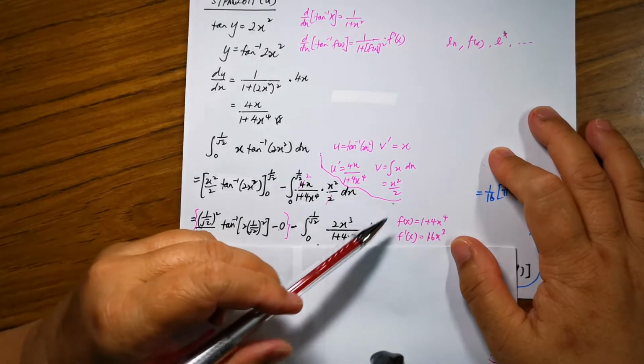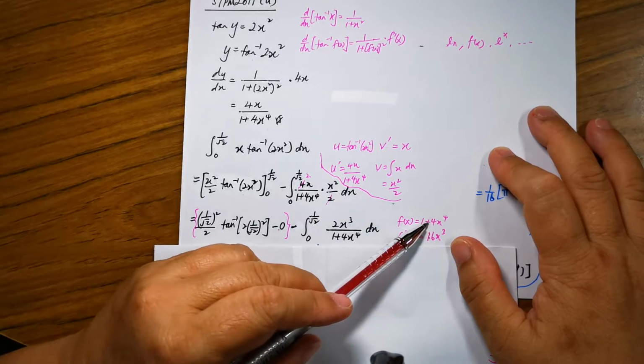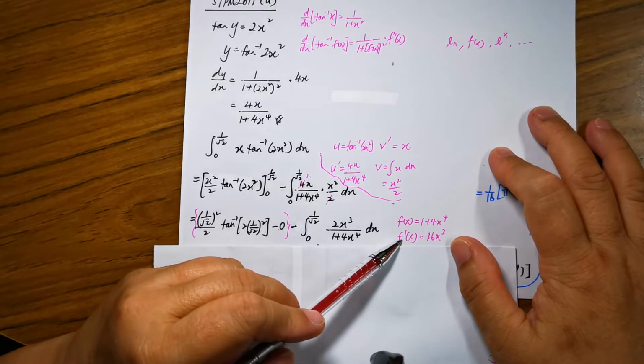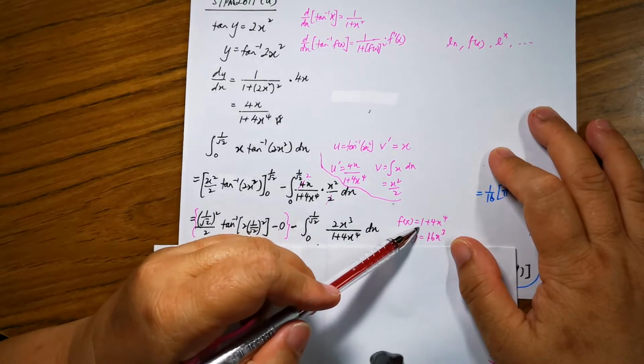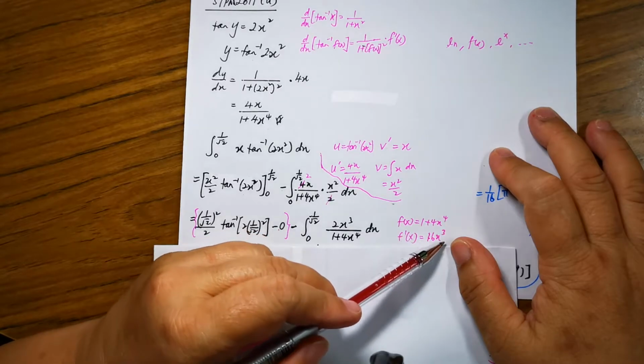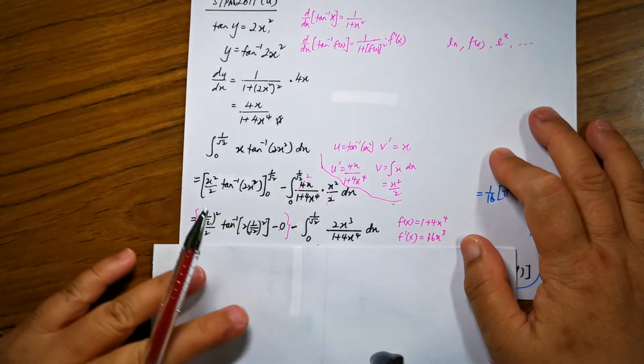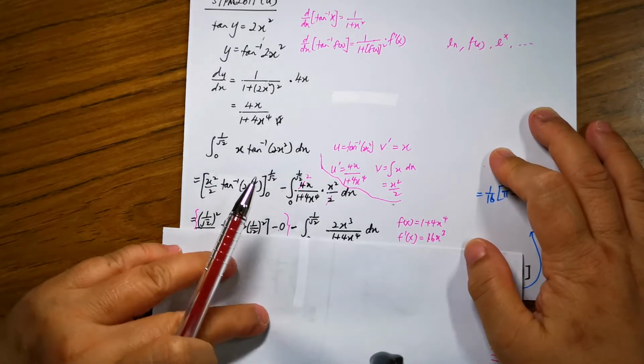So if the denominator is your fx, you differentiate. So your f prime x is, differentiate 1, 0. Differentiate this one, index in front 16, index minus 1. So your f prime x is 16x cubed. So next step.